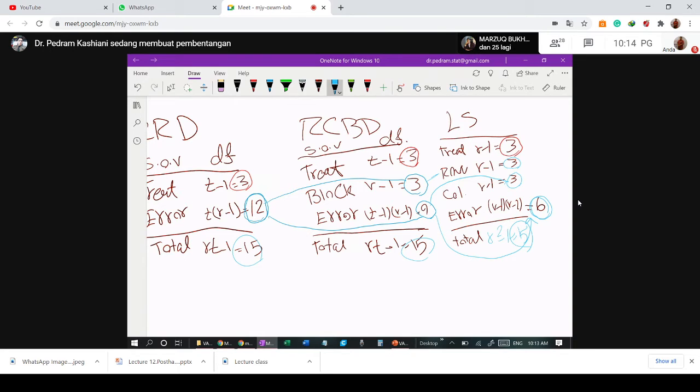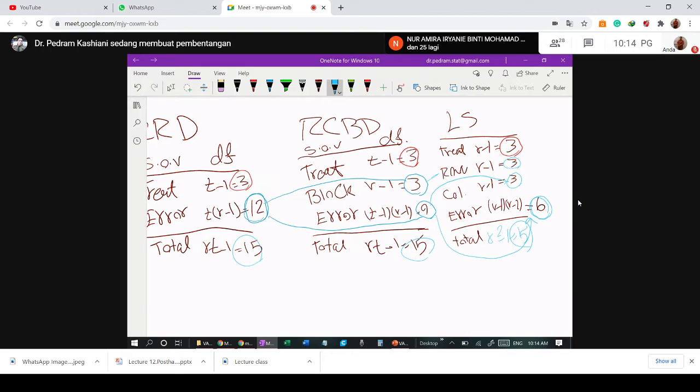That's why one of the advantages of CRD was maximum degrees of freedom for error, which is good. So 12. When I go to RCBD, from that 12, I send 3 to a new source of variation in the name of block, and the remaining 9 will go to the error. And I hope that by doing this, I can have a significant, effective block.